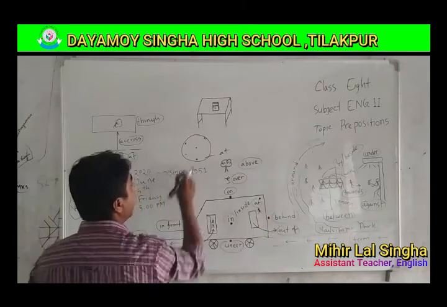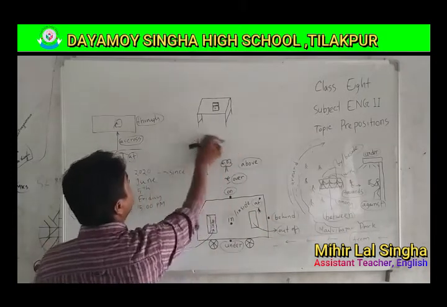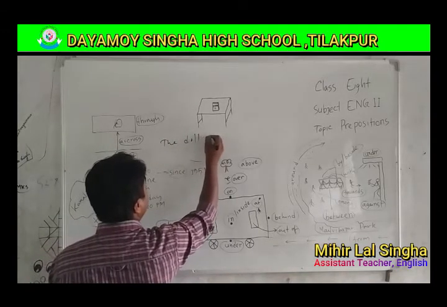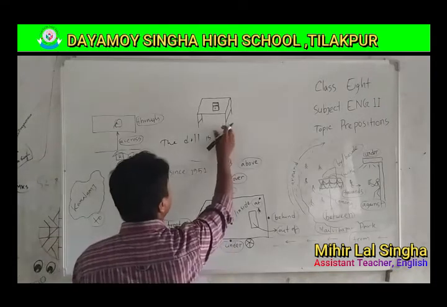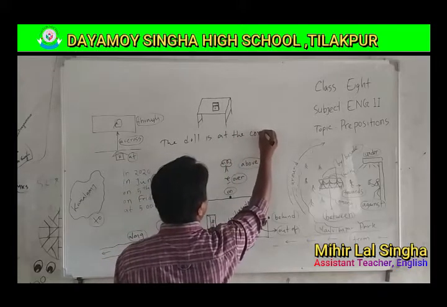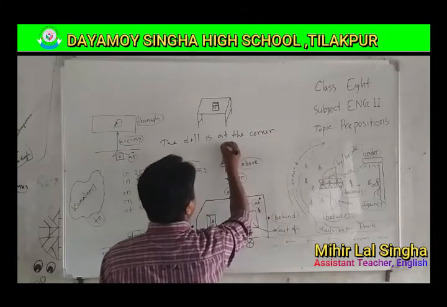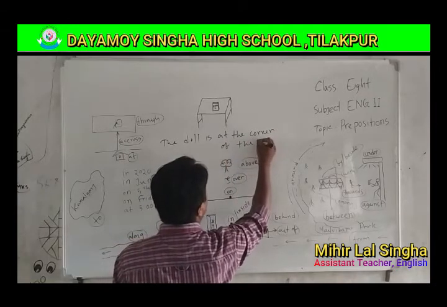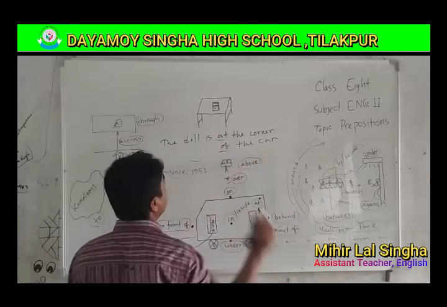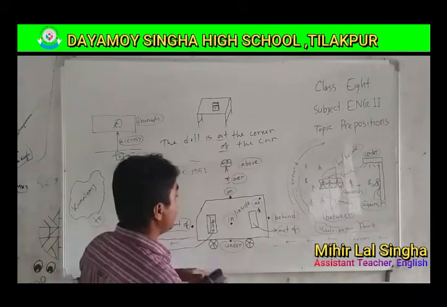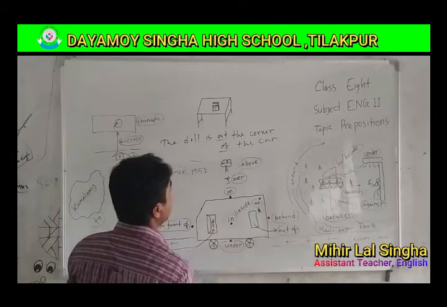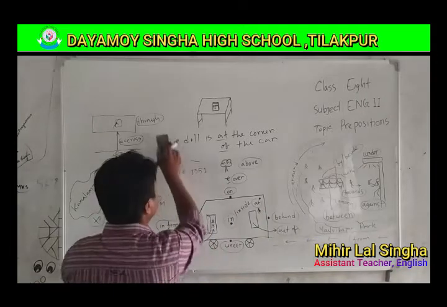Okay, so we can write, the doll is at the corner of the car. Okay, so 'of' is a preposition, 'at' is a preposition. So the doll is at the corner of the car.